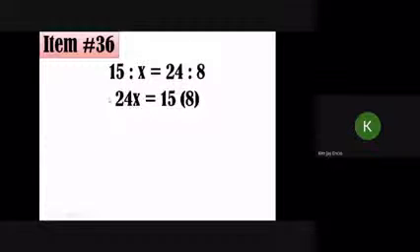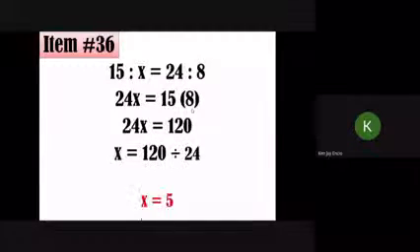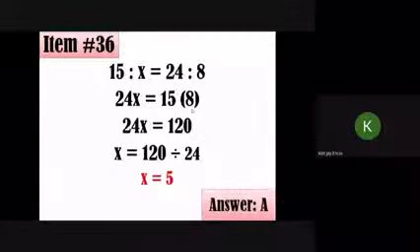The product of the means, x and 24, which is 24x, is equal to the product of the extremes, 15 and 8. Simplifying the right-hand side gives us 120. Dividing both sides by 24 gives us 5. So I'm sure that x here is equal to 5, letter A.